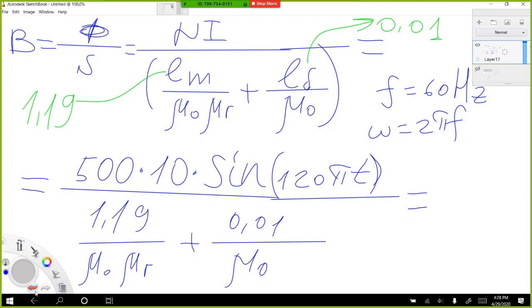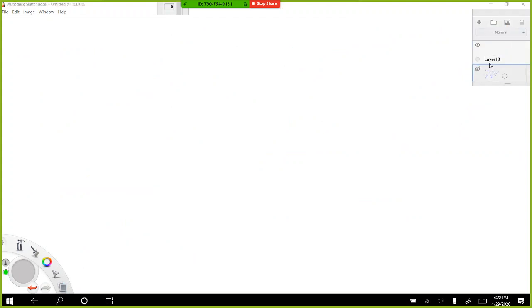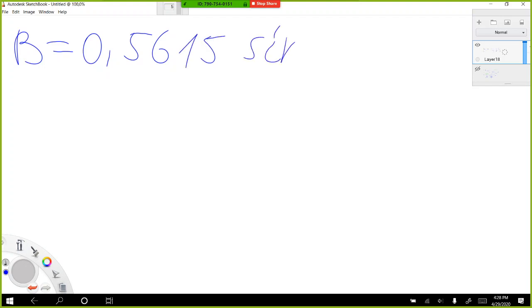And if you compute the numeric values using your calculator, you will get B equal to 0.5615 sine omega t, where omega is 120 pi.